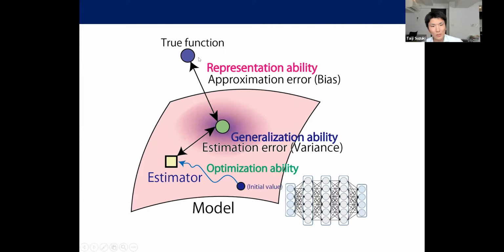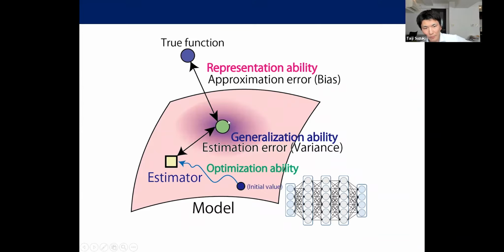This figure shows the relation between these three categories. In the representability analysis, we investigate the distance between the true function and the deep neural network model, that is, how closely the deep neural network model can approach the true function. We investigate this functional approximation ability in this category.